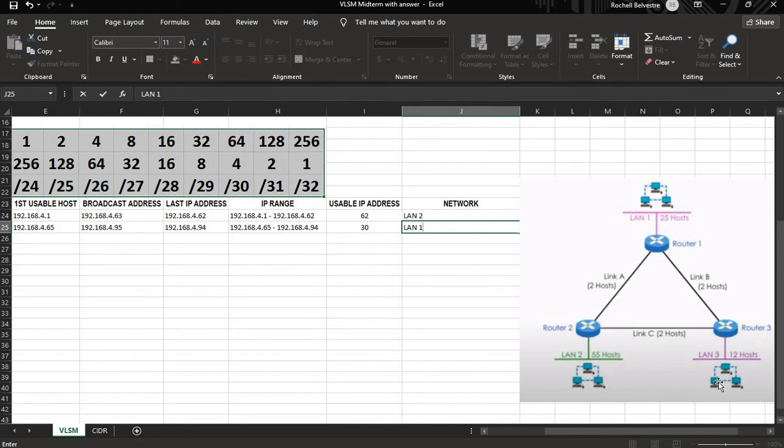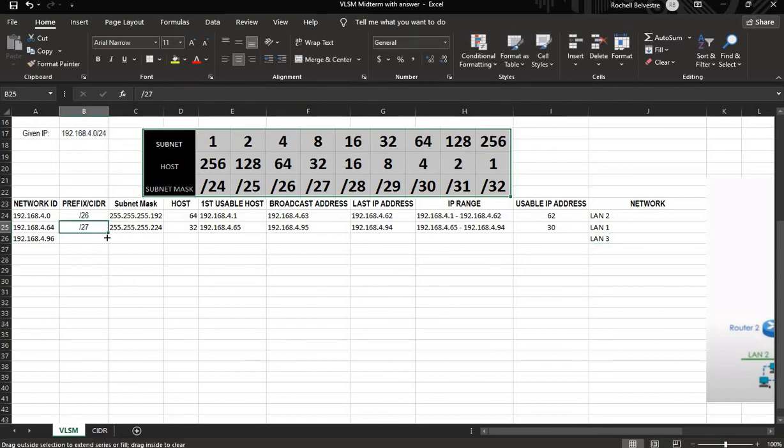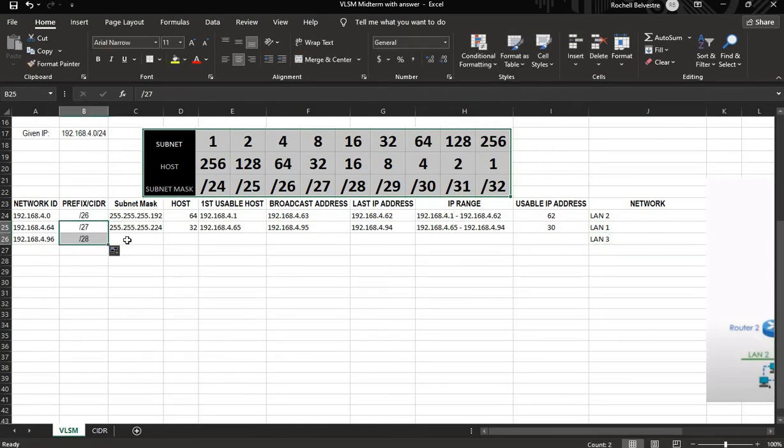And the next would be the 12 hosts under LAN 3. Based on our requirement, we need 12 hosts, so we're going to use this /28, which consists of 16 hosts.